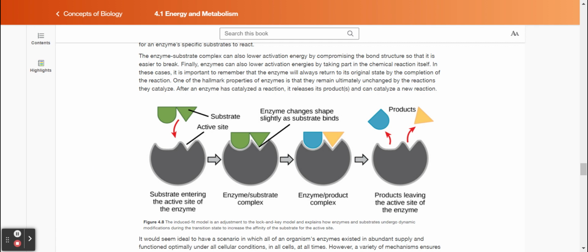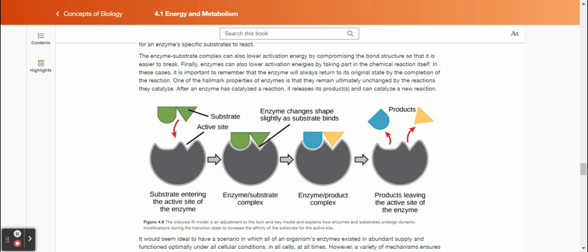Finally, enzymes can also lower activation energies by taking part in the chemical reaction itself. In these cases, it is important to remember that the enzyme will always return to its original state by the completion of the reaction. One of the hallmark properties of enzymes is that they remain ultimately unchanged by the reactions they catalyze. After an enzyme has catalyzed a reaction, it releases its products and can catalyze a new reaction.